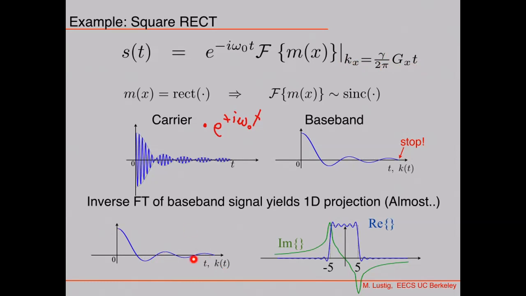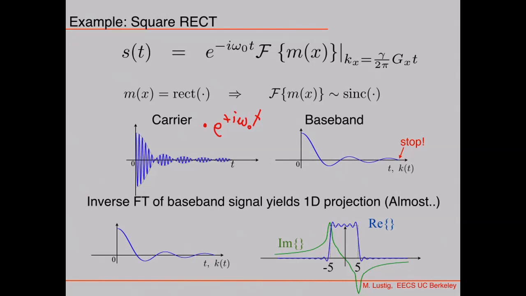When I compute a Fourier transform, then I almost get a projection of that object. But because I only collect half of the frequency domain, I'm going to have a large imaginary component over here. So it's not a perfect projection.